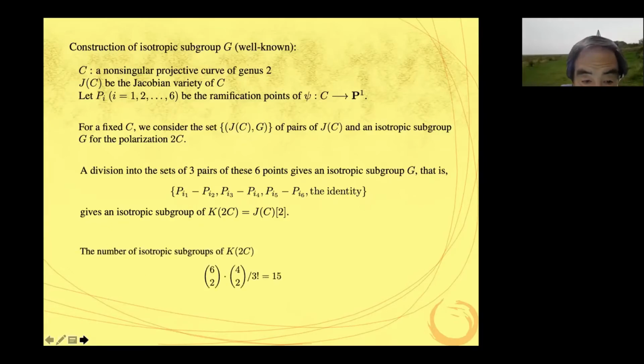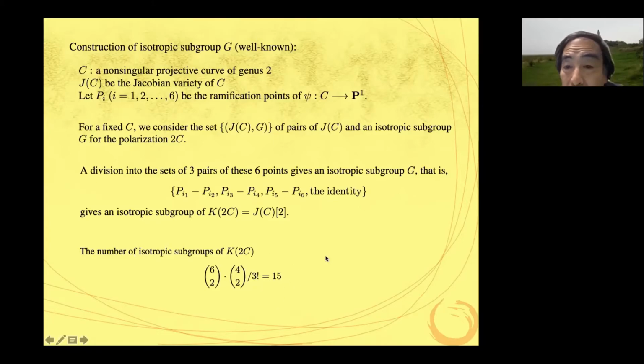So the number of isotropic subgroups of KC for a fixed curve C is given by, we choose 2 from 6 and multiply by, we choose 2 from 4, and we need to consider permutation. So divided by 3 factorial, then it is 15.